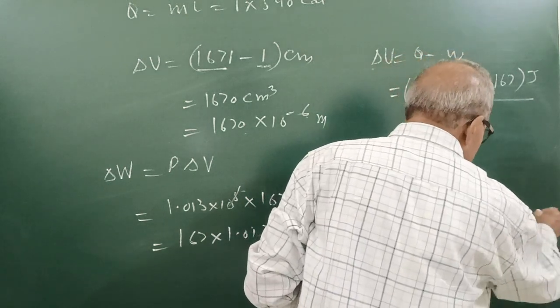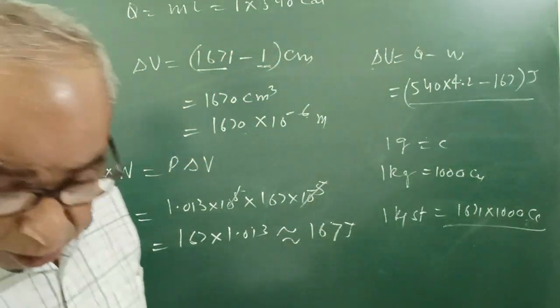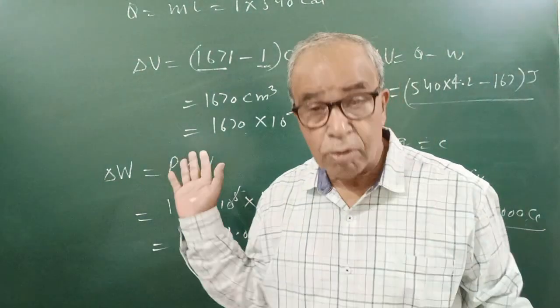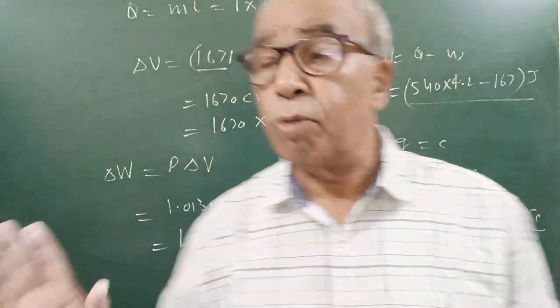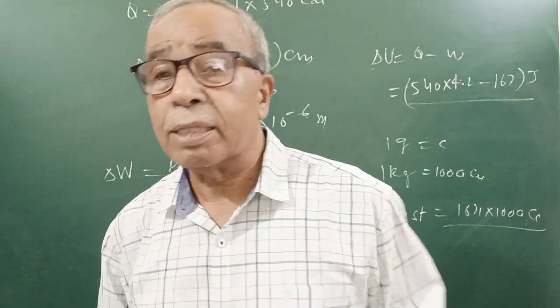This will come in cc. Convert that into meter cube. You can repeat this question. The video has become longer because of this question, but this is an important question. Dear, practice it. Take other examples from the book.